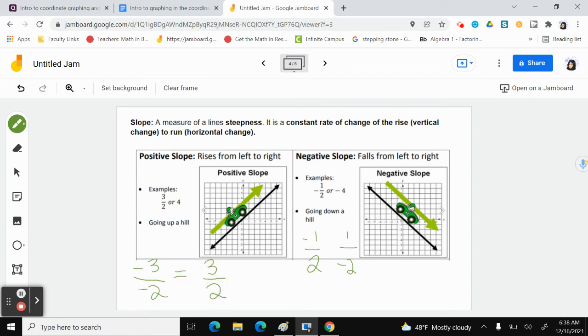Okay, so positive slopes have a negative in the numerator, a negative in the denominator, which simplifies to a positive over a positive, or it's just positive over positive. And negative slopes have a negative, either just in front of the single number or in the numerator or denominator.